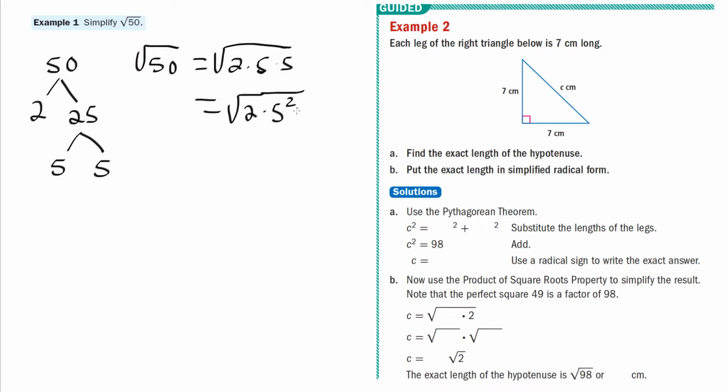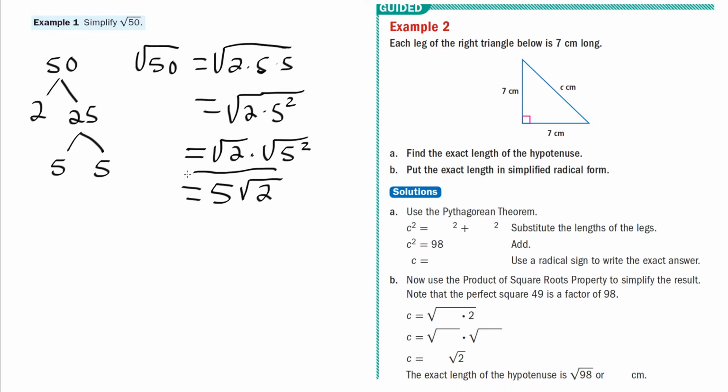We could rewrite this as the square root of 2 times the square root of 5 squared, which means it is 5 times the square root of 2. You'll notice I put the 5 in front of the square root. This is our convention for simplified form, where 5 is the coefficient of the root, and this means 5 times the square root of 2. That's our simplified form for the problem.